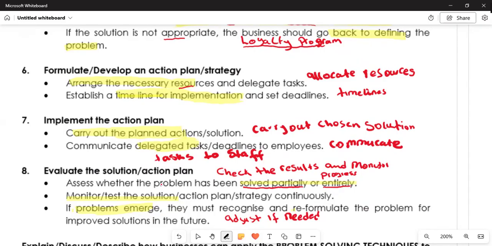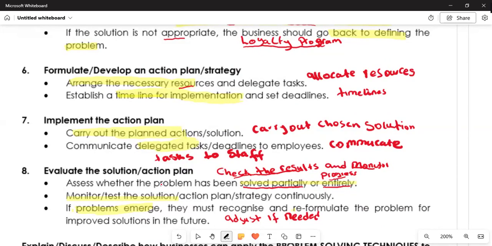So with this one, you check the results and monitor progress. With this step, it says assess whether the problem has been solved partially or entirely.